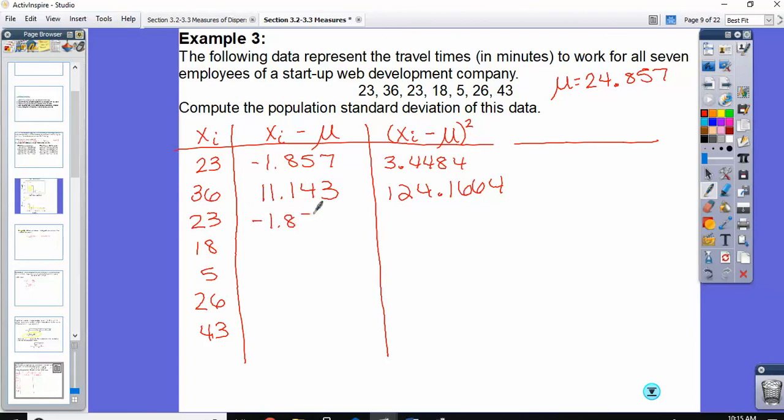I've already done that, so I'm just going to copy it down. 18 minus 24.857, and then square that. Does everybody know where I'm getting my numbers? 5 minus 24.857, squared.